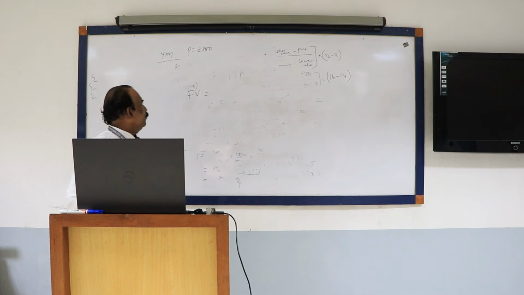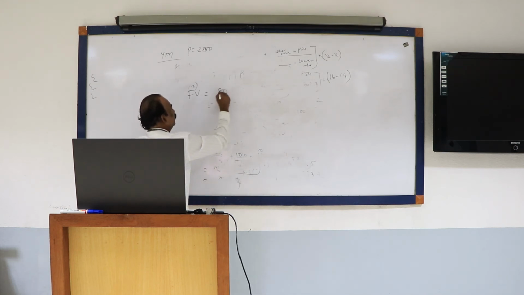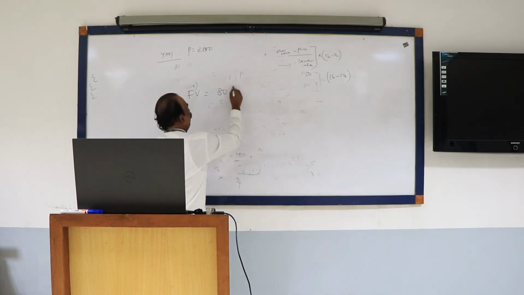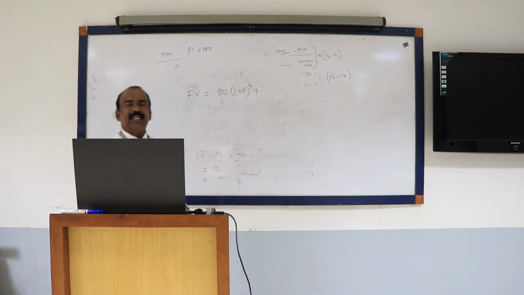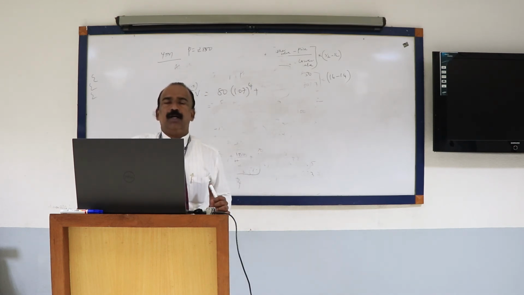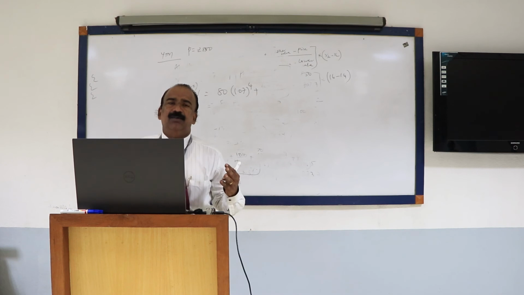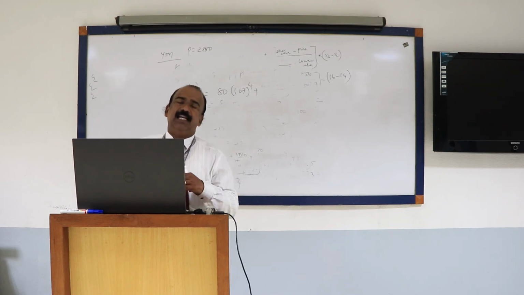The 80 rupees he is receiving, he is reinvesting for 4 years. There is 1.07 power 4. You are multiplying now, not dividing. We divide for getting the present value. Here we are going to get the future value.